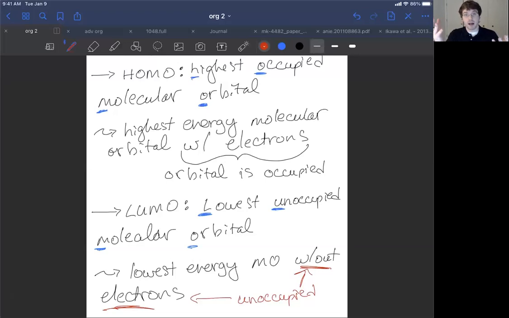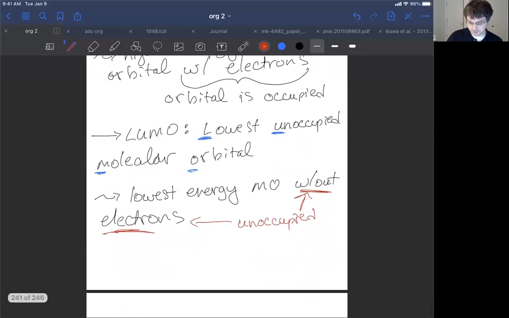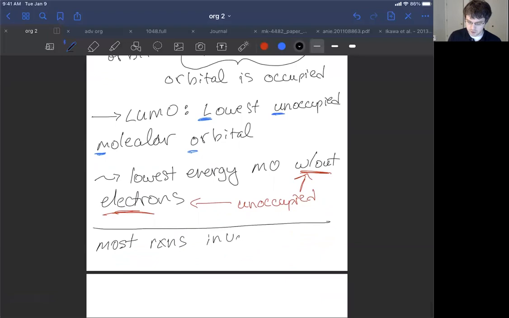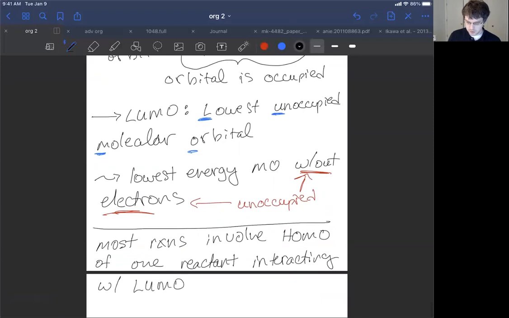And it could flip, where B has its HOMO and A has the LUMO. So most reactions involve the HOMO of one reactant interacting with the LUMO of another reactant.